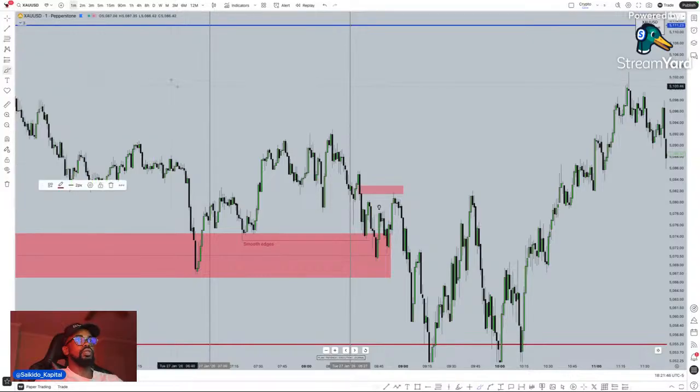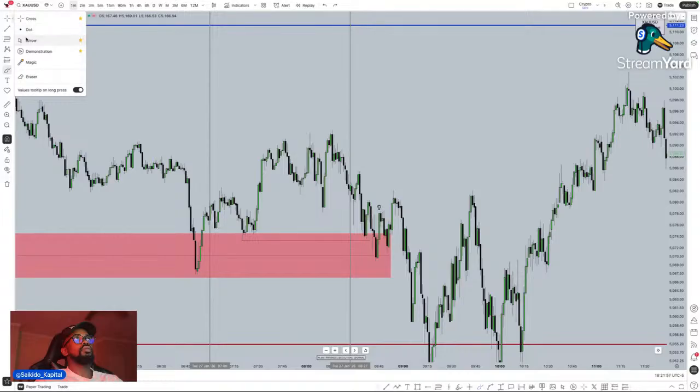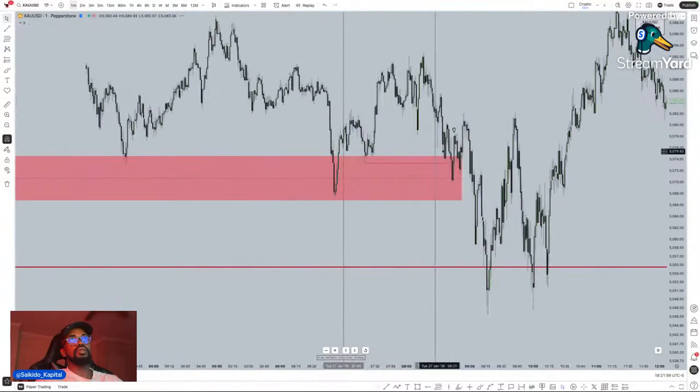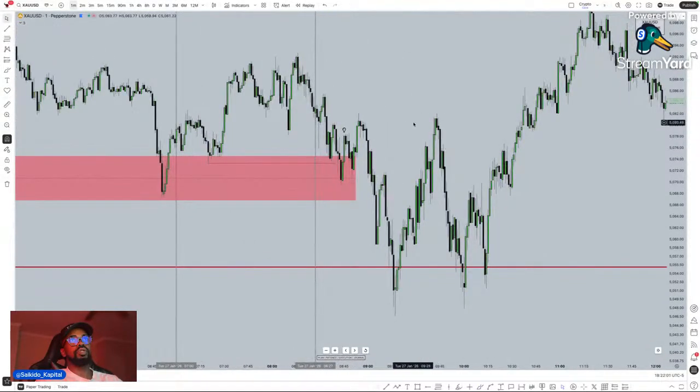these lows here. Wait, let's go back. Okay. Let's do that. And then I said, okay, fine, let me wait for a new confirmation.